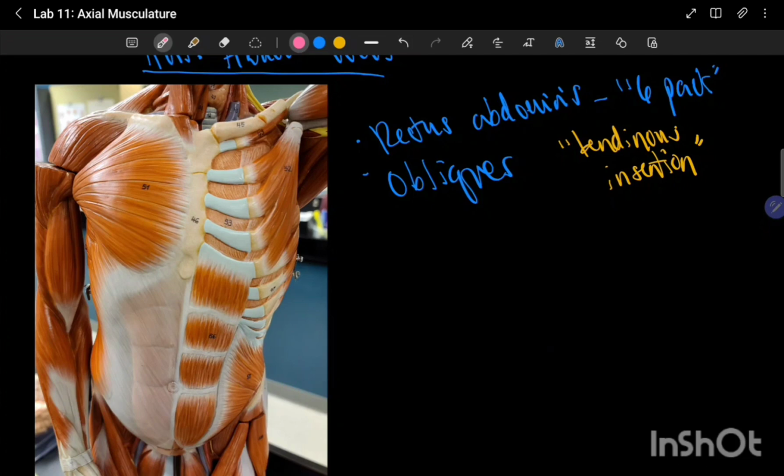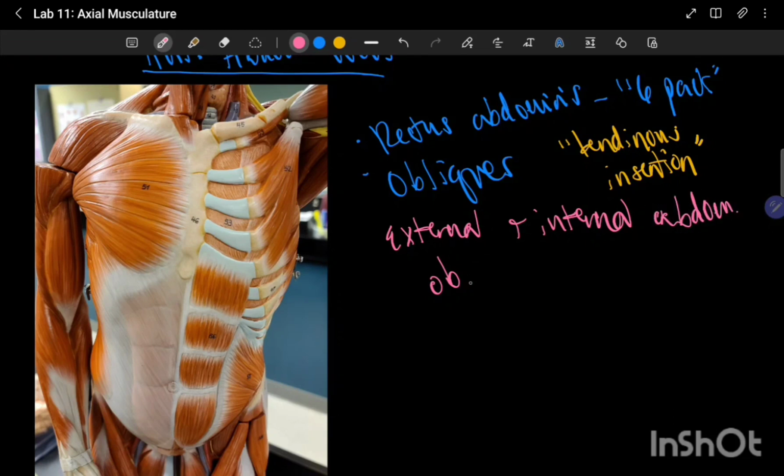Next up, we have our obliques. So we actually have two types of obliques. We have external and internal abdominal obliques. Make sure we write that in here. So on a lab exam, yes, I will know what you're talking about if you say external or internal obliques. But we want to make sure we're getting all parts of the word here.